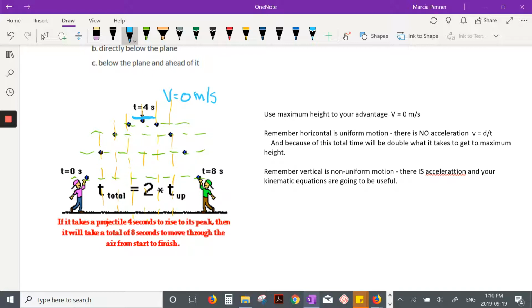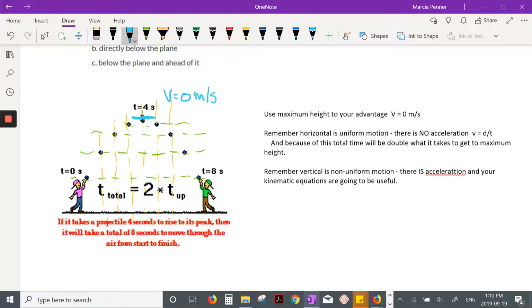Remember, when our object reaches its maximum height, it will momentarily come to a rest before it changes velocity and begins dropping back down to the earth. So it's really important. This is one of those hidden pieces of information that questions will require you to draw out: at maximum height, our velocity is equal to 0 meters per second.